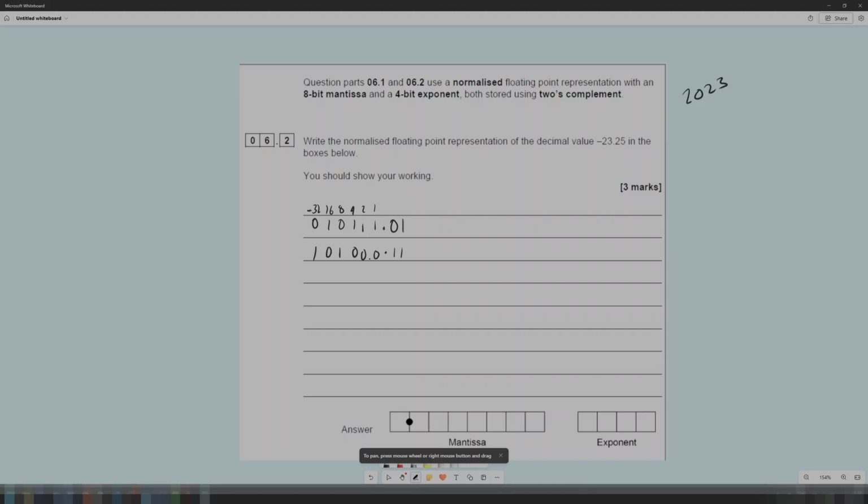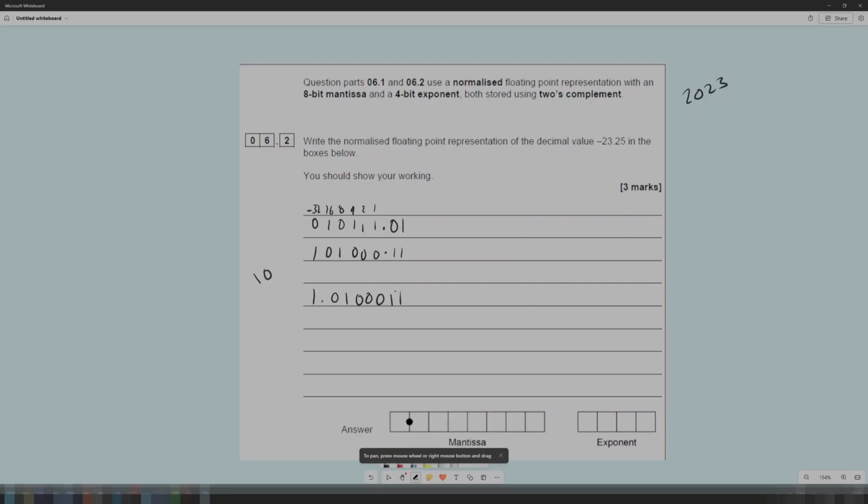Okay, so this is in floating point 2's comp, but we need to float the point so that it reads, the rule is 1.0 for negative numbers for it to be considered normalized. So if we move 1, 2, 3, 4, 5 places to the left. So if we write that out, got 1.0, 1, 0, 0, 0, 1, 1.